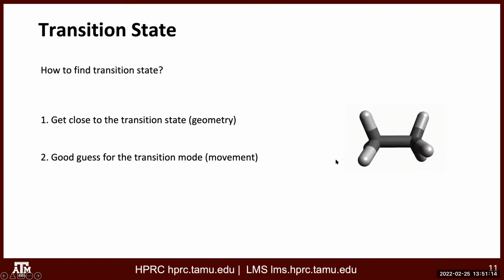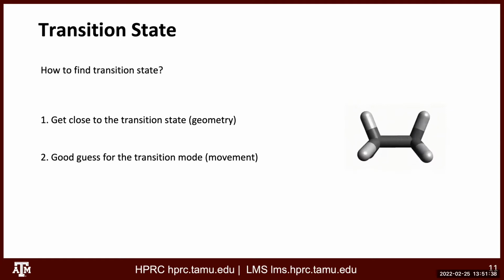That means to get a geometry that will look like the transient species. And the other is to get a good guess for the transition mode, because we talked about calculating vibrational frequencies and predicting the normal mode.